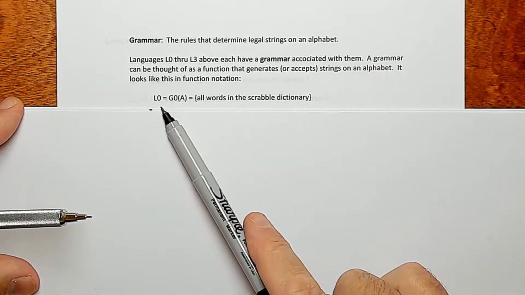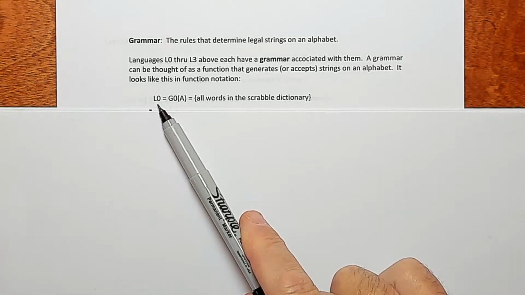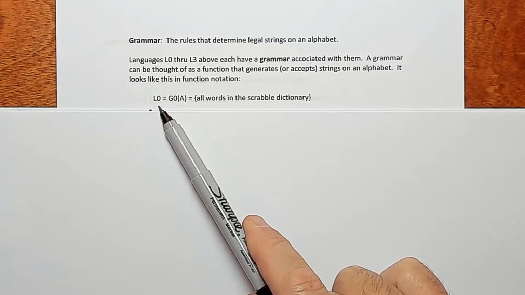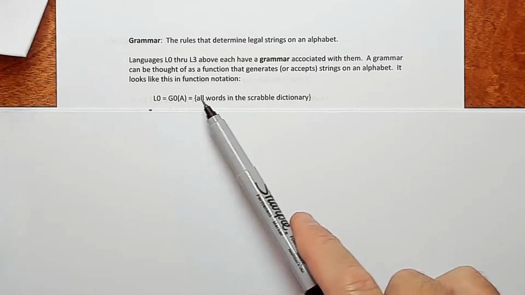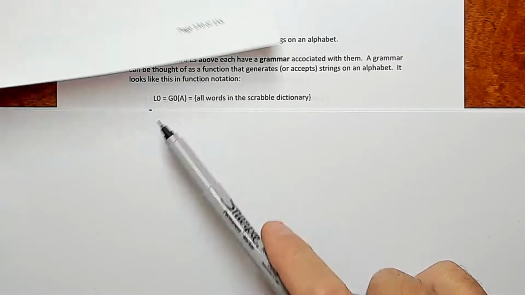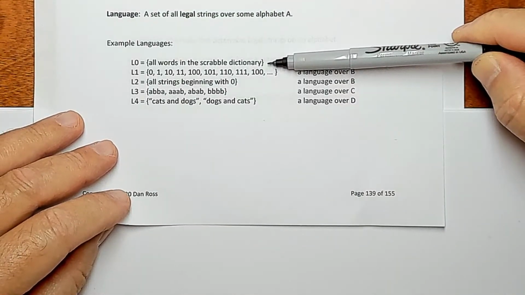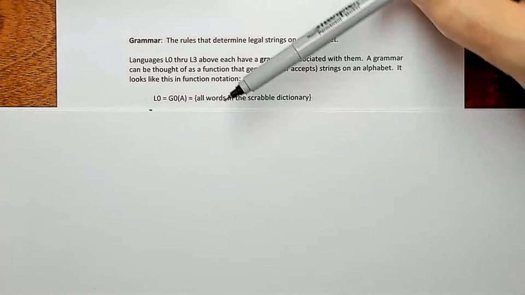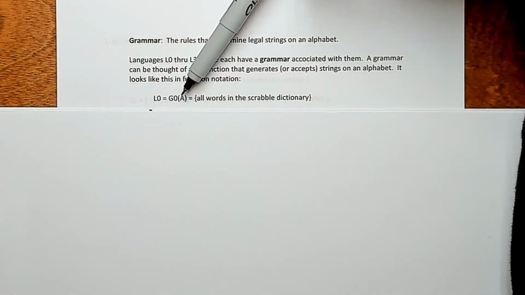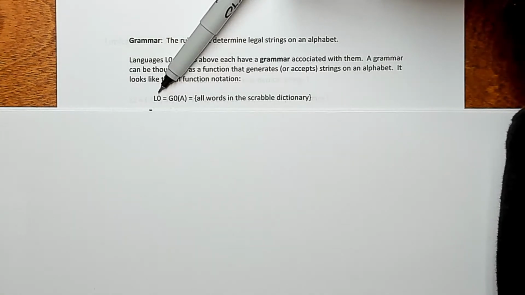So you can think of a grammar as a function, and it would look like this in function notation. Like L0, I've defined as all the words in this Scrabble dictionary. So there is a grammar G0 that operates on set A that produces this language L0.